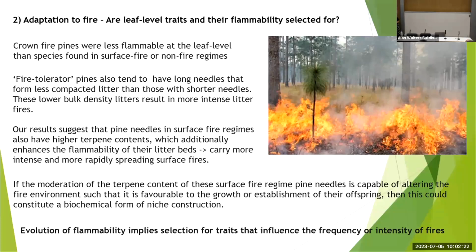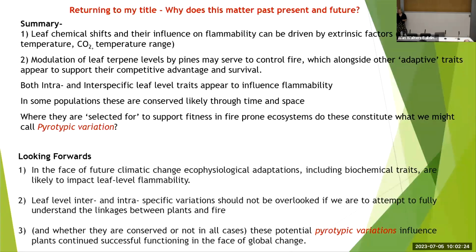So to summarise, I have my title of past, present and future. The two big findings, I guess, that our research has shown so far is that leaf chemical shifts and their influence on flammability can be driven by extrinsic factors, so temperature, CO2, temperature range, for example, which probably is not a surprise to many of you when you think about what the leaves are doing.